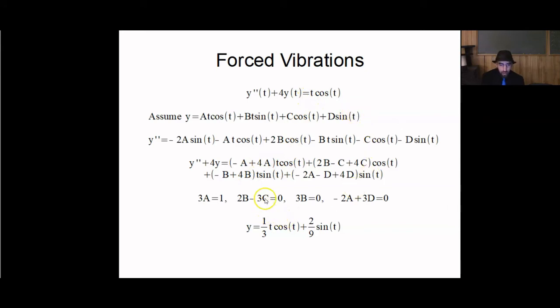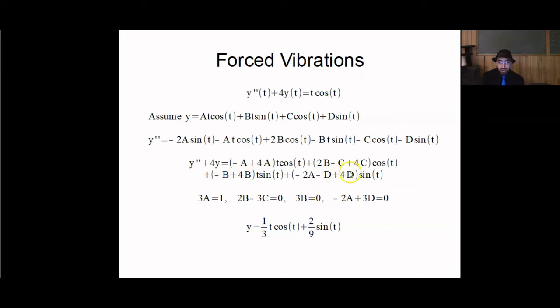Crunching everything in, I have to match my corresponding terms. So since I have a 1t cosine t here, and I have all this stuff in front of t cosine t here, I know negative a plus 4a must equal 1, so 3a equals 1. Looking at the t sine t, I similarly get 3b equals 0, because there's 0 t sine t. So 3b equals 0, b must be 0.